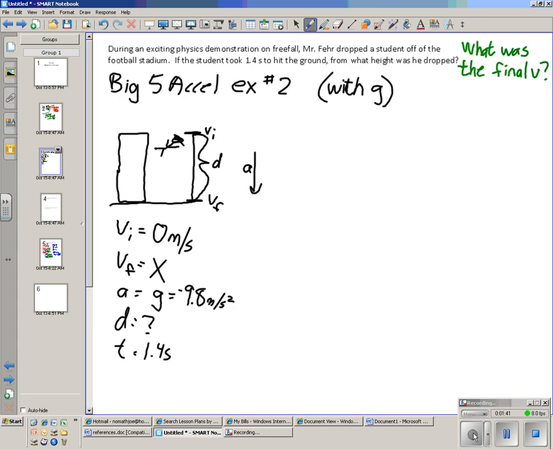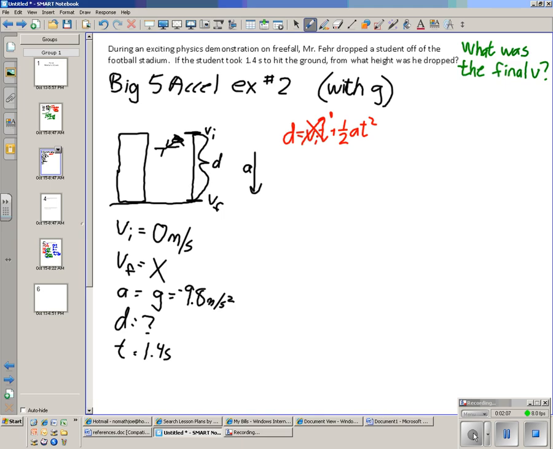So if I'm looking for my displacement, and I don't care about my final velocity, that means I'm going to be using this equation here, d equals v_i t plus 1/2 a t squared. This is nice because it's already solved for displacement, and the initial velocity is 0, so this whole term right here is equal to 0.